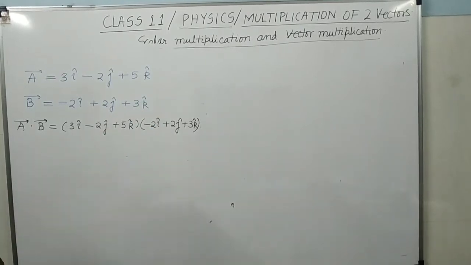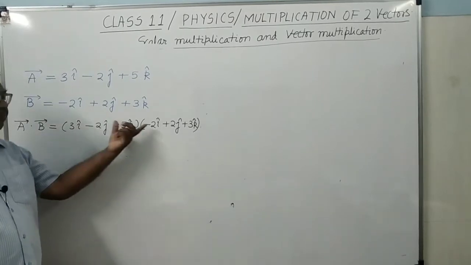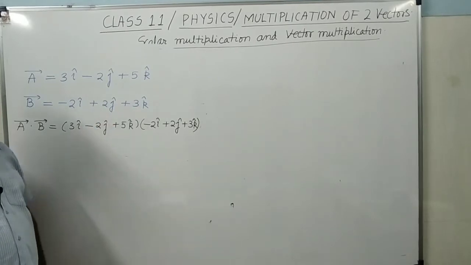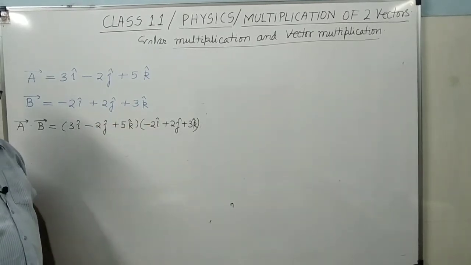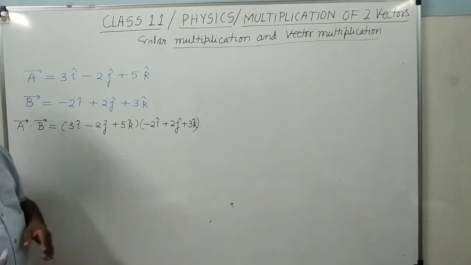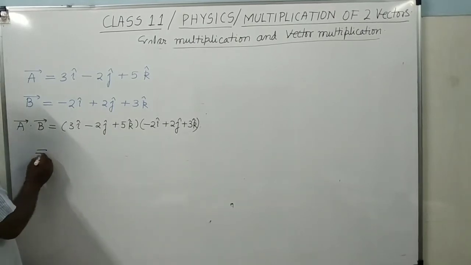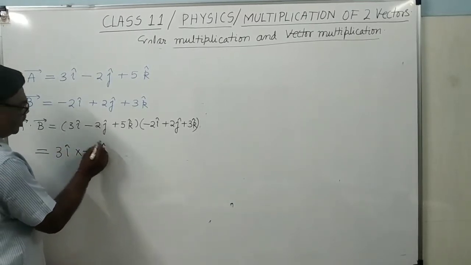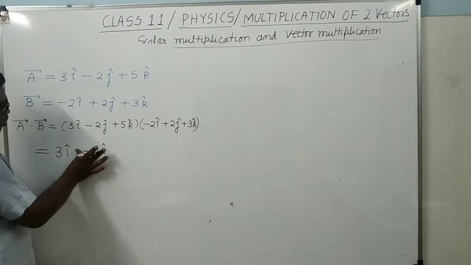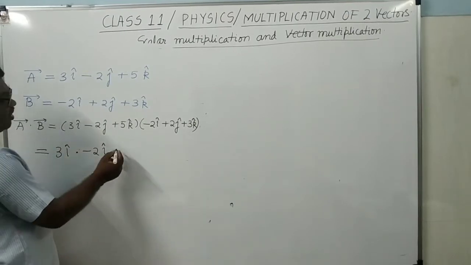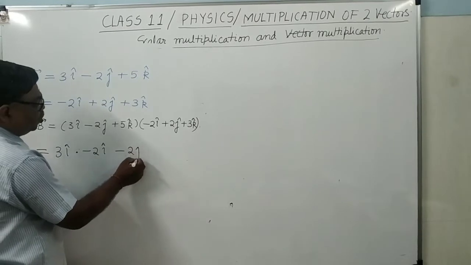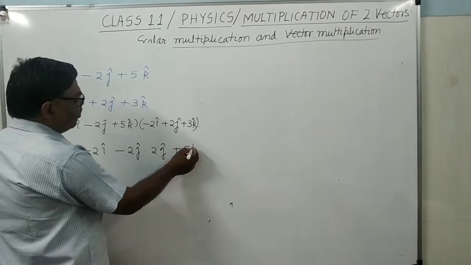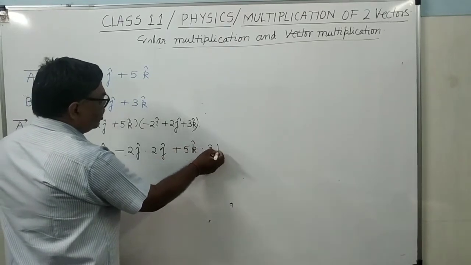Or you simply remember that when we multiply the i component in both the brackets, the j component in both the vectors, and the k component in both the vectors, we will get the result. Otherwise it will be 0. It will be 3i dot minus 2i, then 2j dot 2j with its sign, then 5k dot 3k.